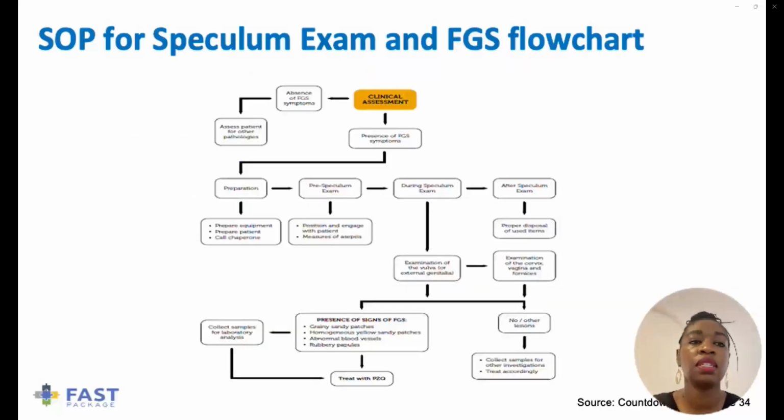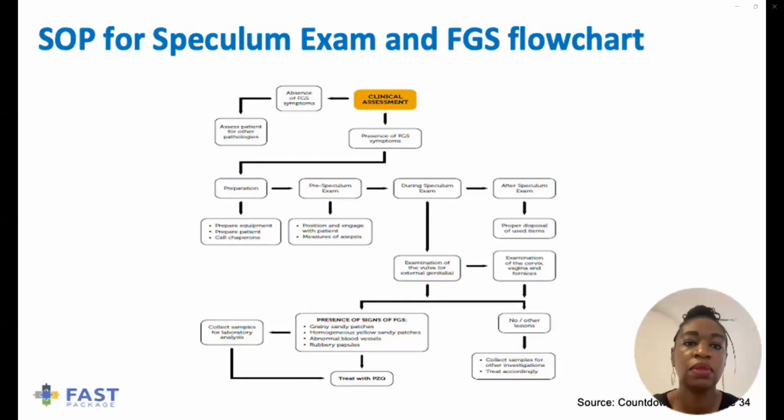So what are the standard operating procedures for speculum exam and the FGS flowchart? We will be using this from the Countdown package, and the main thing is, as a clinician or health worker, you need to do the clinical assessment. Remember, if there are no symptoms of FGS, then you need to refer the patient for other investigations or assess for other possible issues.